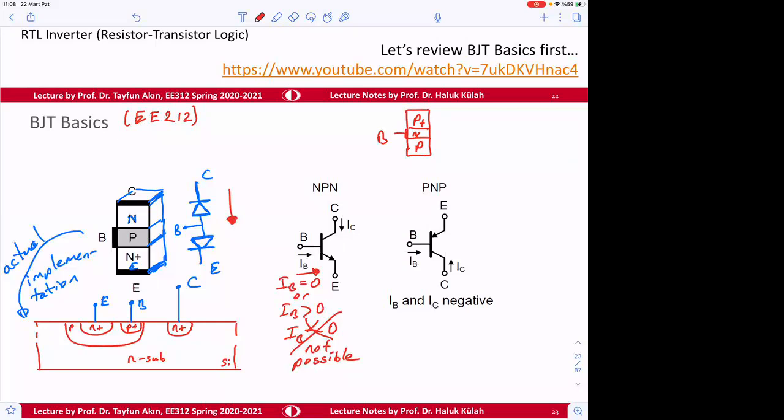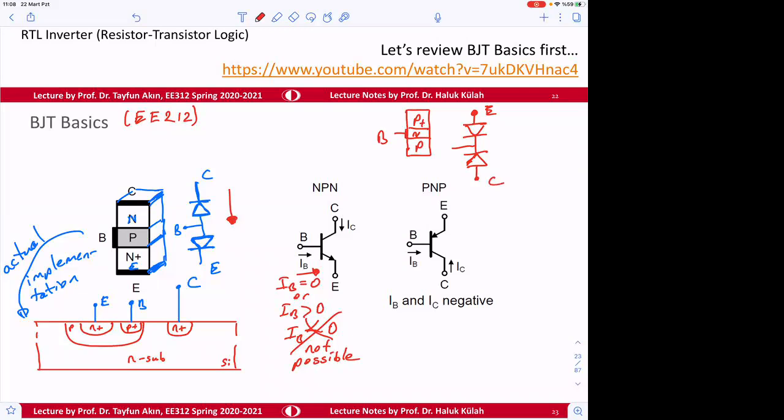Okay, so in this device, it is as if we have two back-to-back diodes again, but the diodes are placed like this. So we call this emitter, and we call this collector.